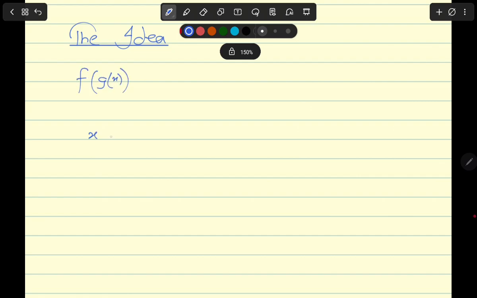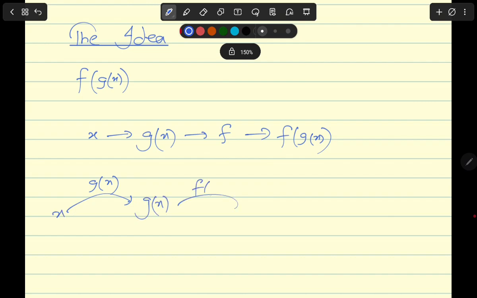This means that the input x was first used in the rule g of x, and then this g of x had the rule f applied to it in order to produce the output f of g of x. So g of x first, then f of x second, and order really matters.